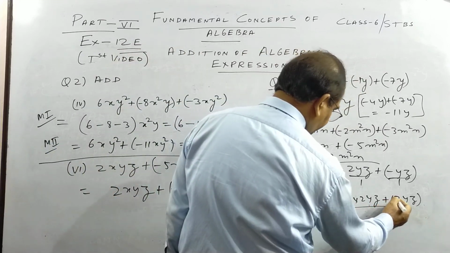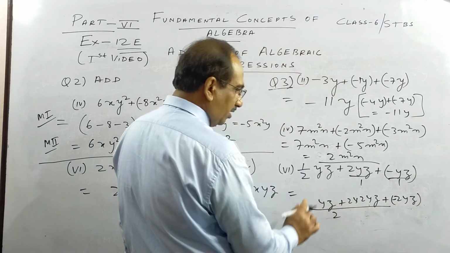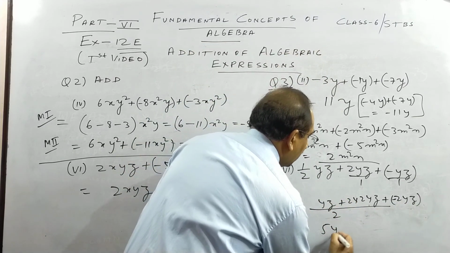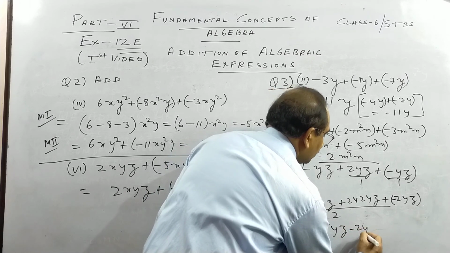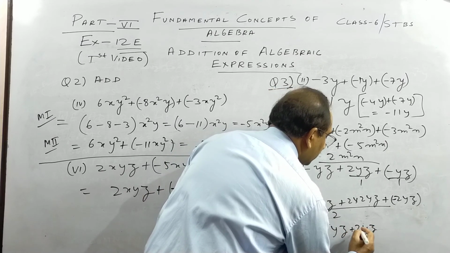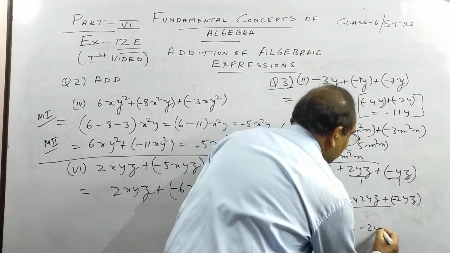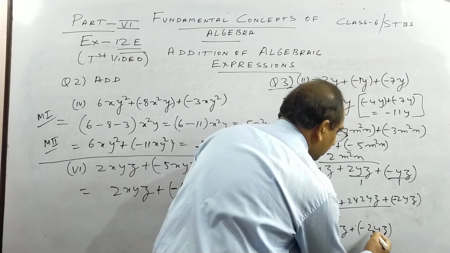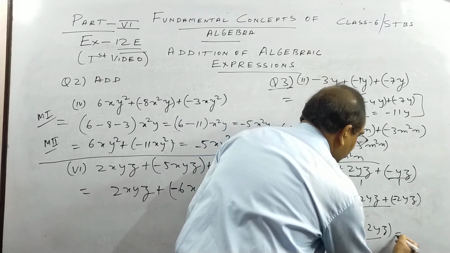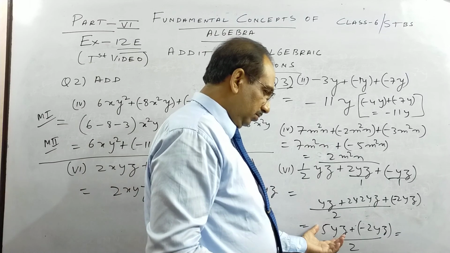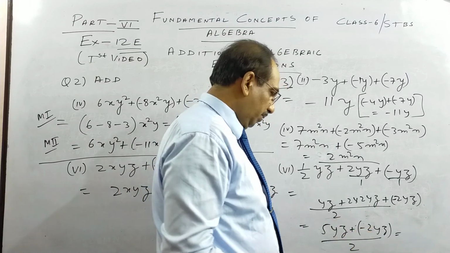4 plus 1, 5 yz minus 2yz. You can put it inside a bracket also as we are doing, or without bracket also. You can directly put minus also, because plus minus is minus only, but you can do by this method also.